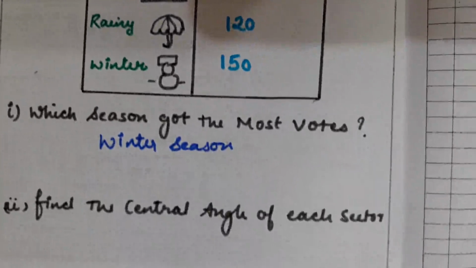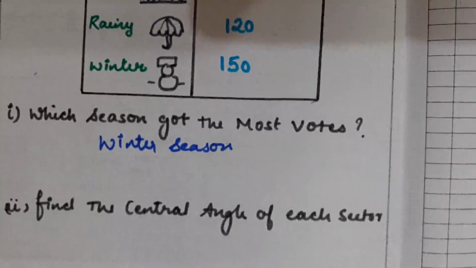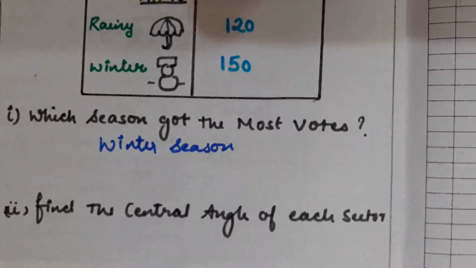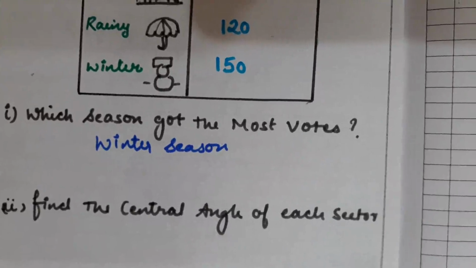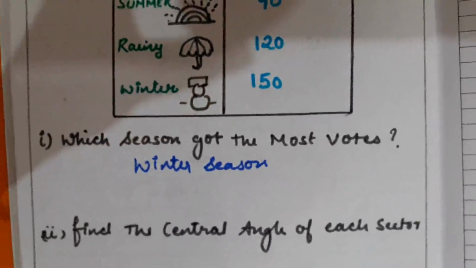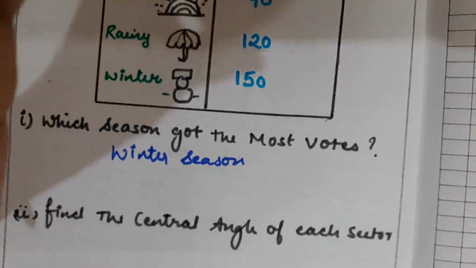Now the next question is, find the central angle of each sector. Now you have to calculate the central angle for each sector. Children, for finding the central angle for each sector, we have to calculate the fraction. After that we find out the central angle. So how do we calculate the central angle?